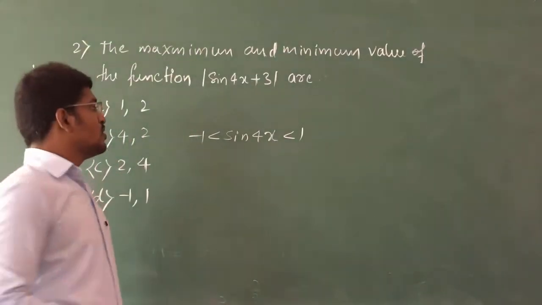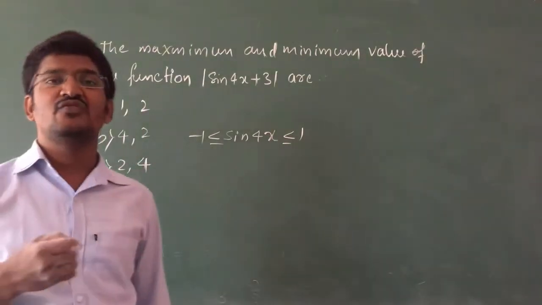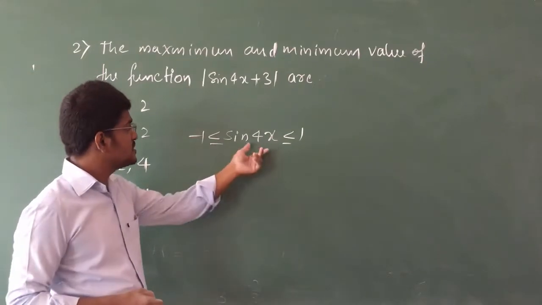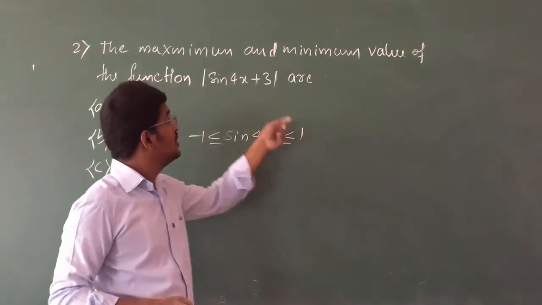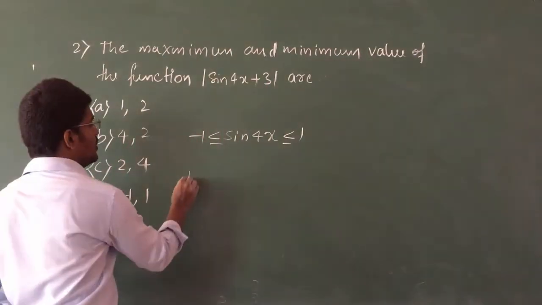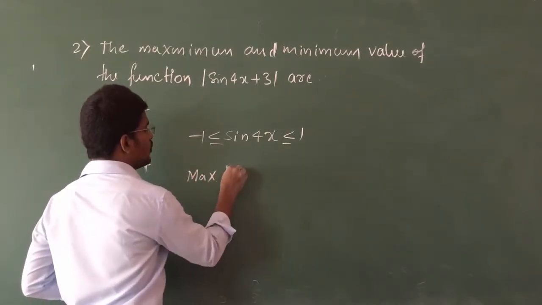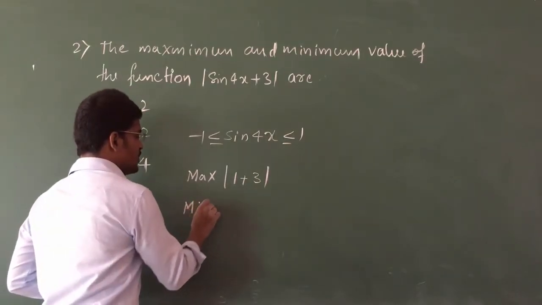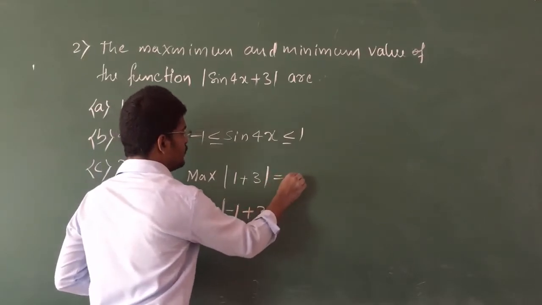That is the range of the sine function. Clear? Okay. So that means the minimum is minus 1, the maximum is plus 1. 3 is constant, so no worries. So for maximum, mod of 1 plus 3, for minimum, minus 1 plus 3.